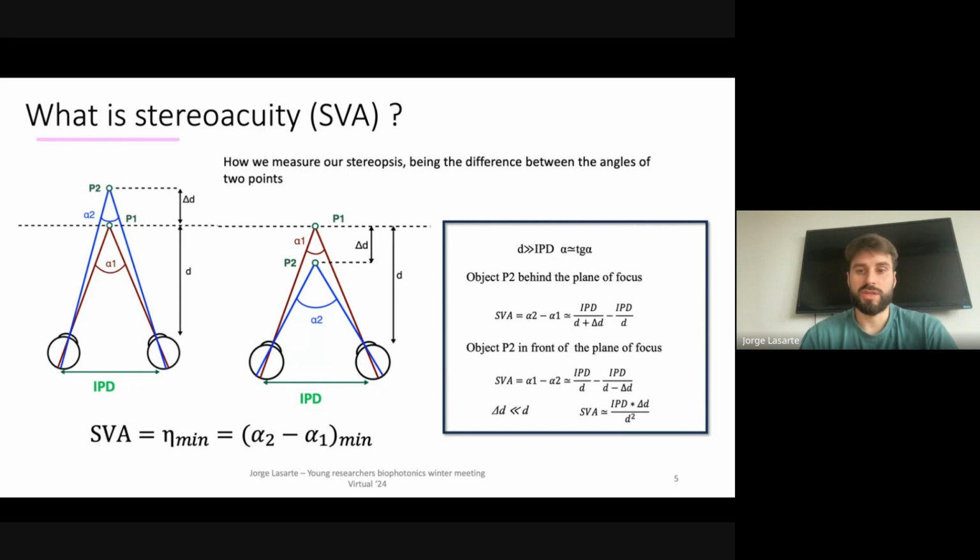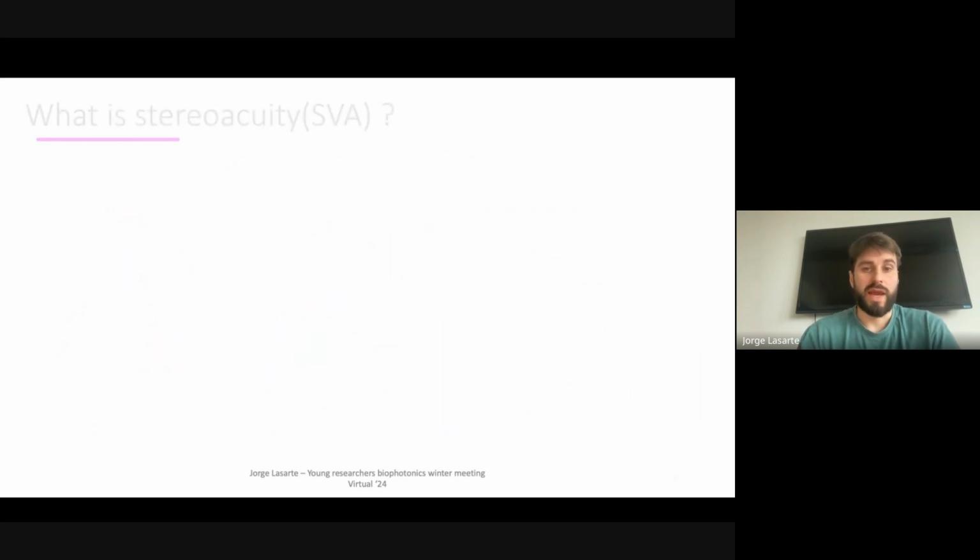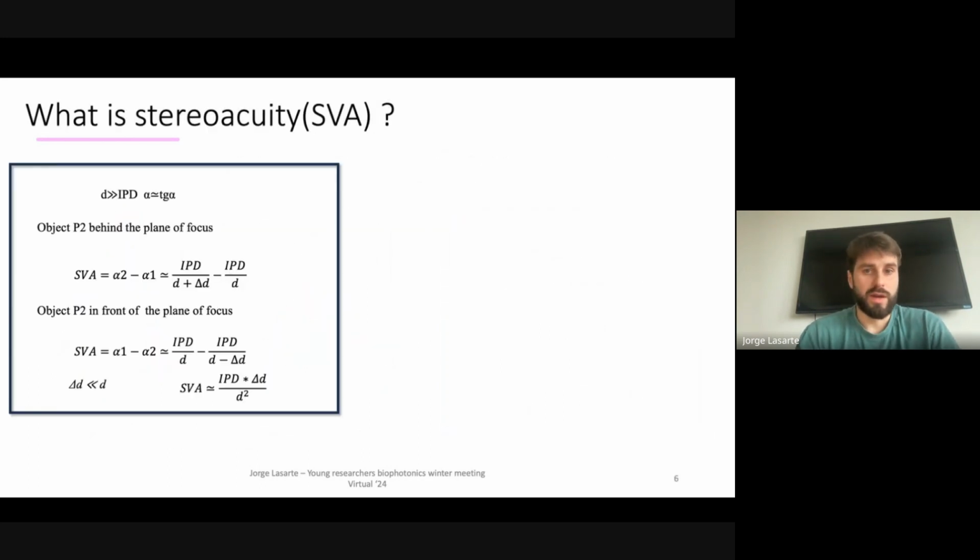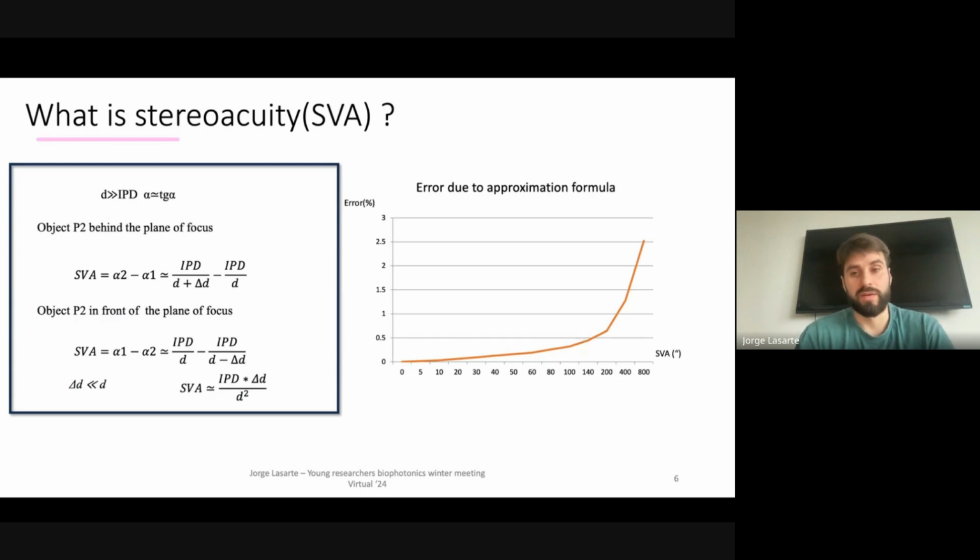We can just simplify them, and the calculated error, even for very great values like 800, is below 2.5%. And especially because we aim to go to very accurate or reduced SVAs, this is proven to not be an issue.